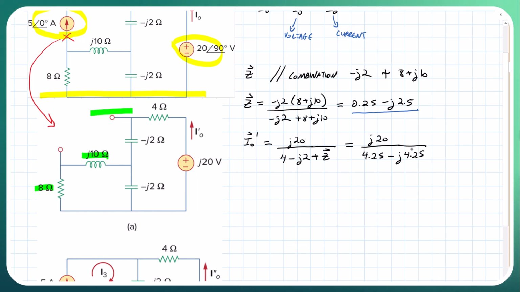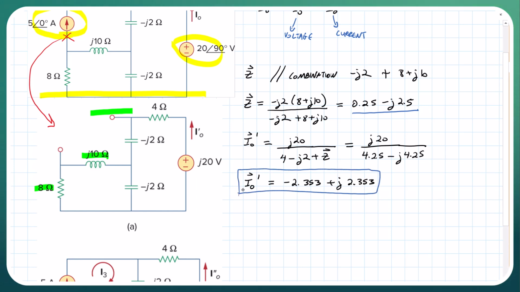Again, I'm skipping steps, but go ahead and pause and work that out to ensure that you know how we got to this equation here. Or we can rewrite this equation: I naught prime is equal to minus 2.353 plus j2.353.